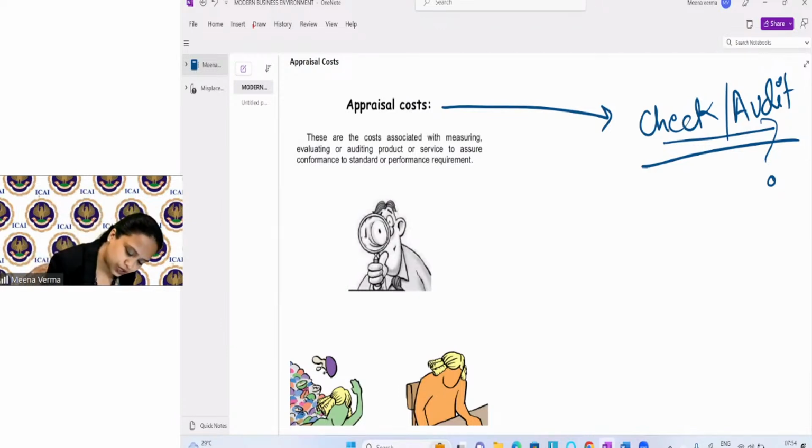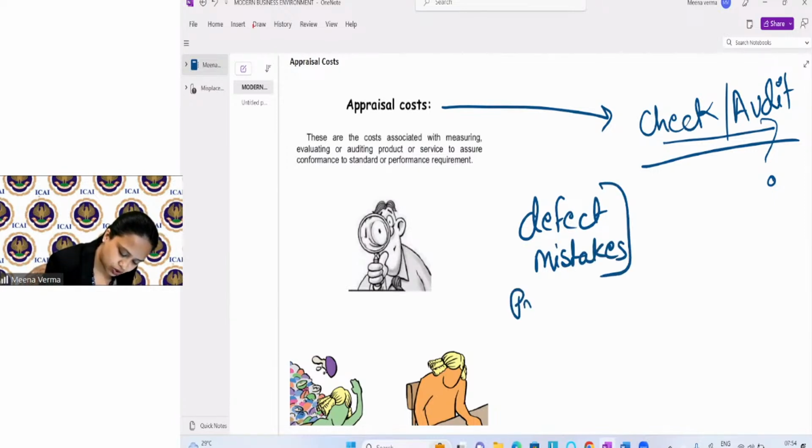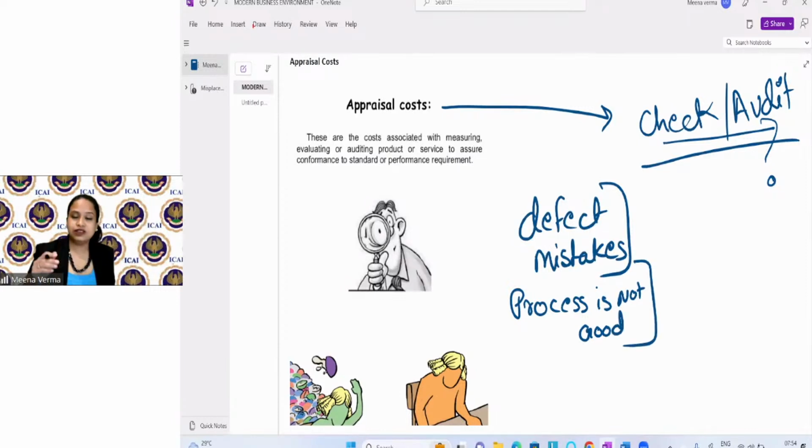When you know that you are producing defective units, when you know there are some mistakes, when you know that your process is not good, that there is some defect in the process, or you're producing defective units, there is some mistake in the company.